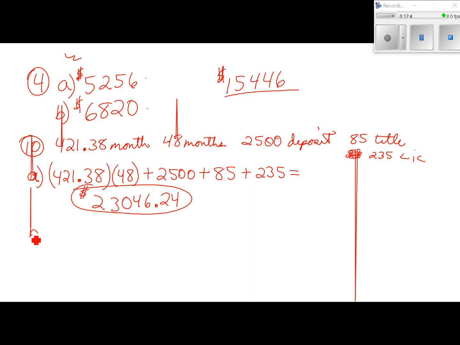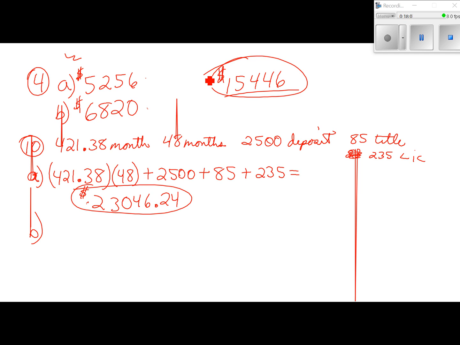Part B, they want to know how much the car will cost her in total if she decided to buy it at the end of the lease. Well, we just take this number and add on what they're going to sell her the car for at the end of those 4 years.